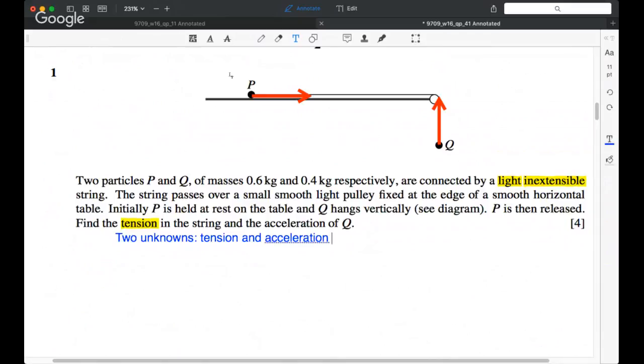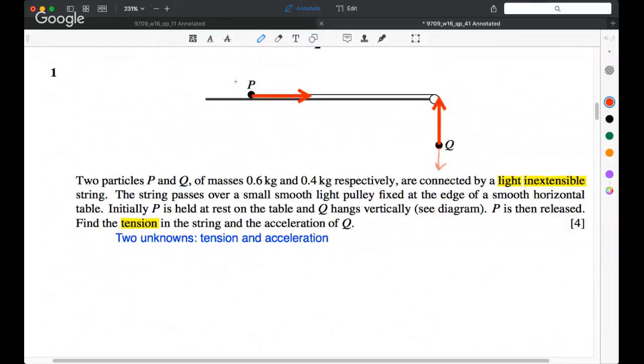What other forces are there on the object Q apart from the tension? Gravity. Yeah. So we'll have gravity acting downwards.